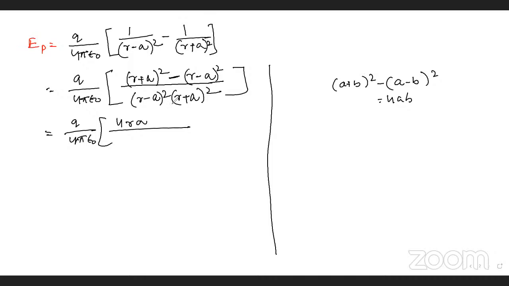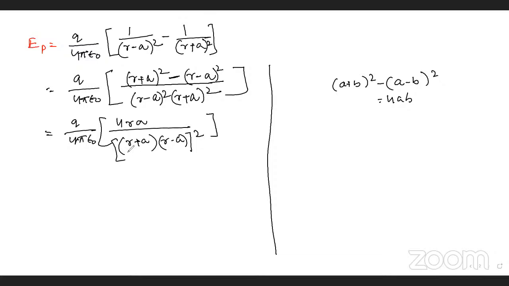In the denominator, can you see the a plus b and a minus b form? So the denominator is (r plus a) into (r minus a) whole square.